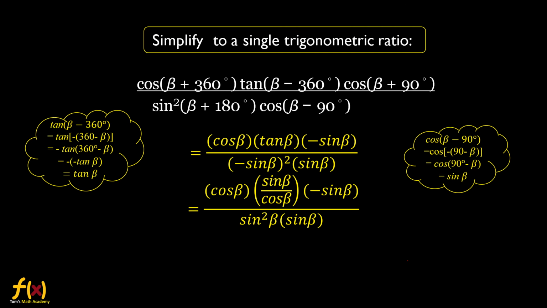So this sine square is gone. So sine and sine gone. Minus sine in the numerator, and in the denominator we have a sine beta. So our answer is minus sine beta. Okay, so that is how we have to do these types of questions. It is a 5, 6, 7 marks question.